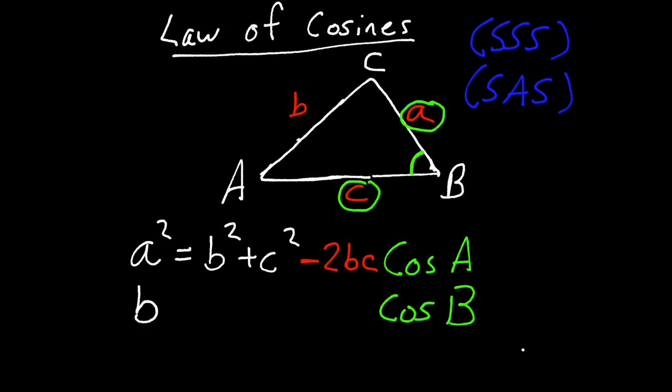Okay, now B is squared, and what do I have here in the first one? I have A and then the two other sides that I knew. Well, this time I know A and C. So B squared must equal A squared plus C squared.